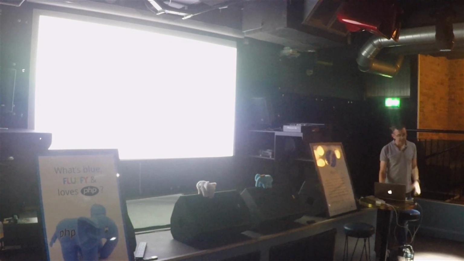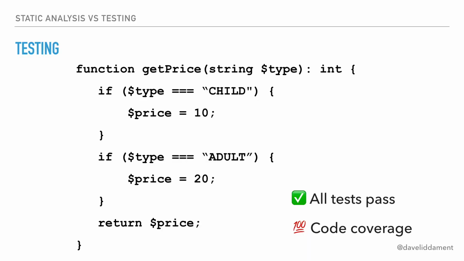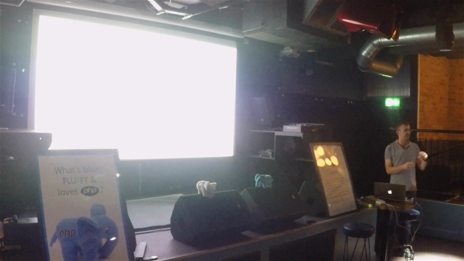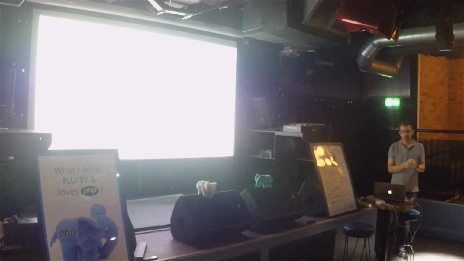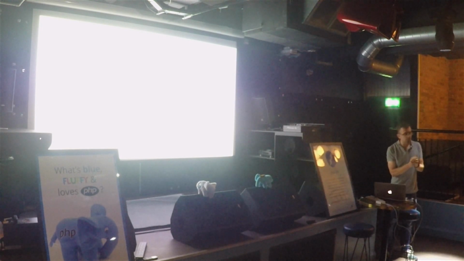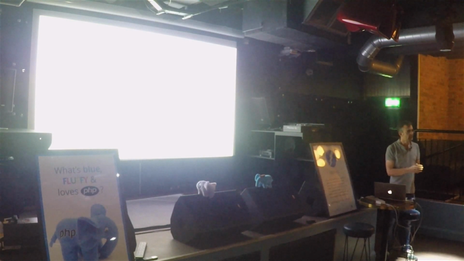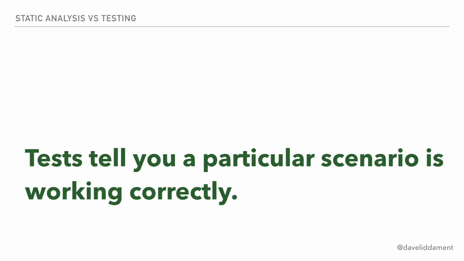And interestingly, as the code is written here, we would have 100% code coverage. So every line of code will have been executed in those 2 tests. And not only that, all the if statements will have taken both the true and the false values for those as well. So on the face of it, this is looking pretty good. And the tests are telling us that something's working.